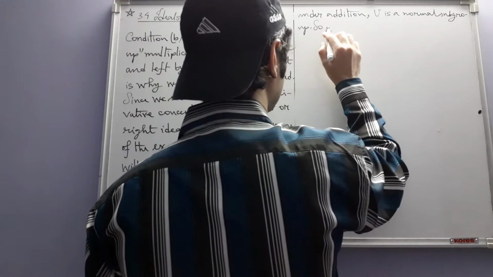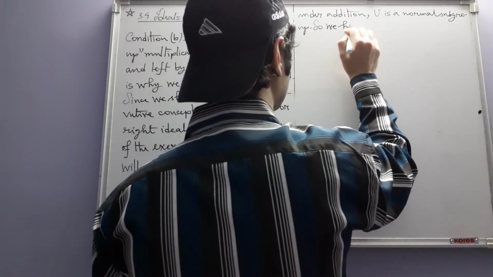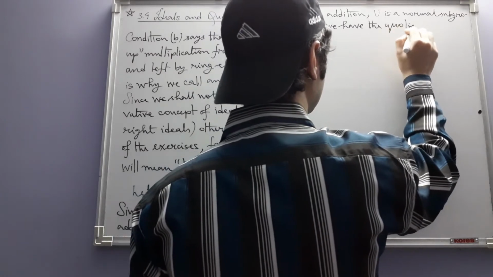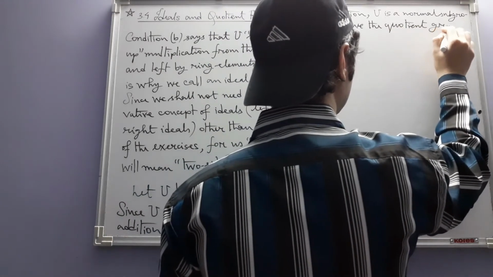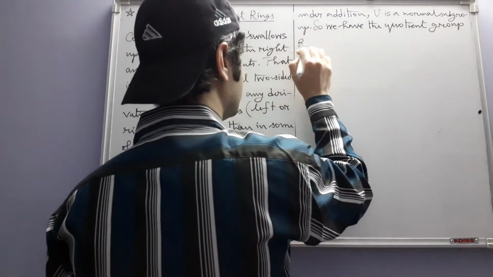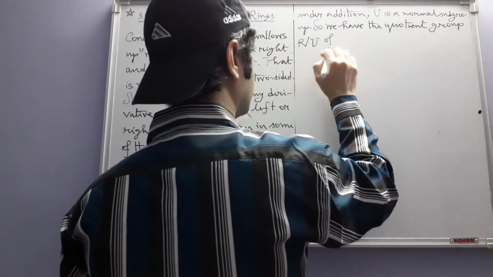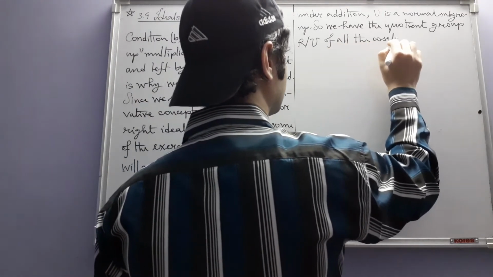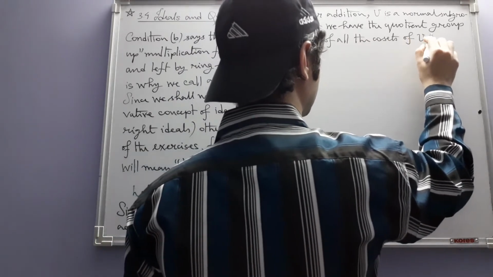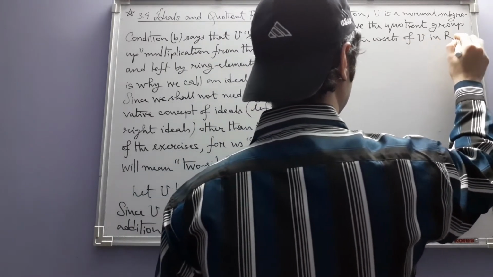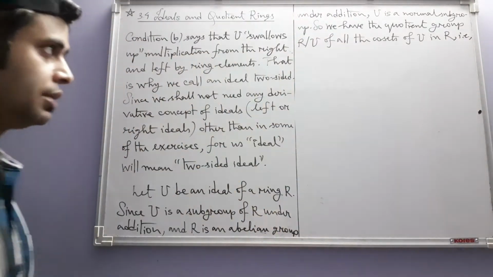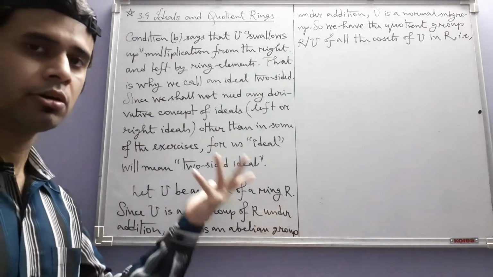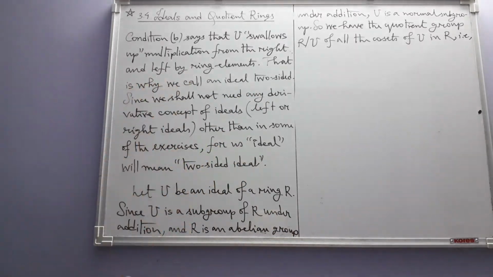So we have the quotient group R by U of all the cosets of U in R. That is, not that we are saying cosets, because of this abelianness or normality of U, left and right cosets are equal.